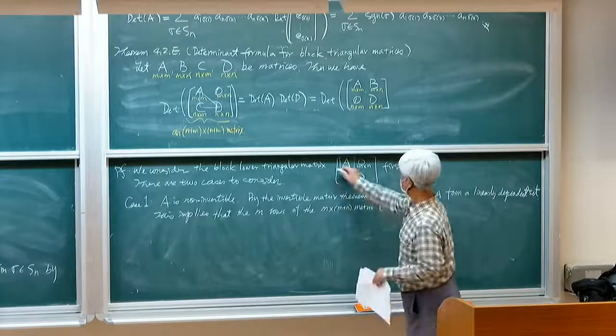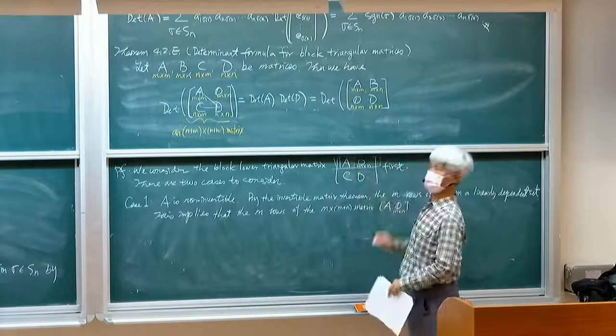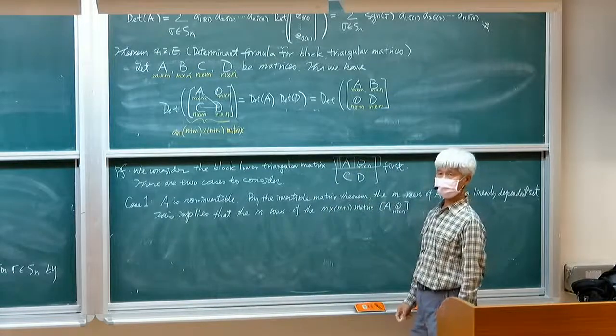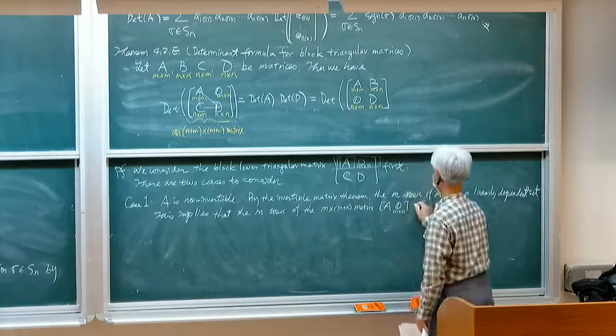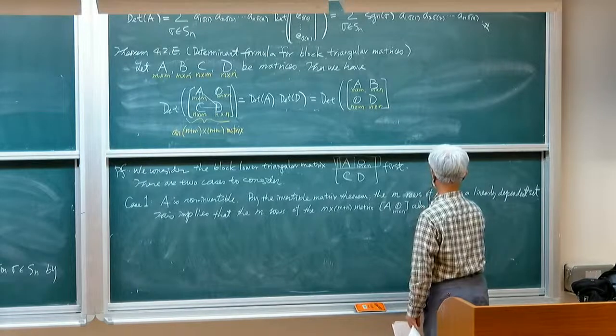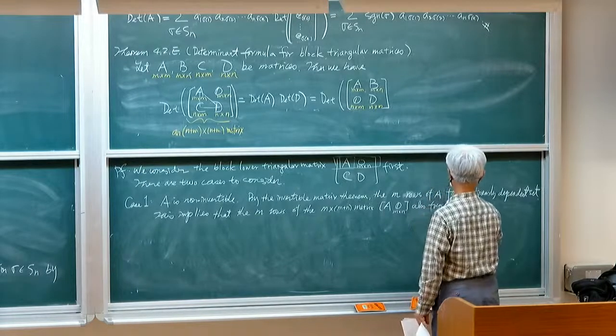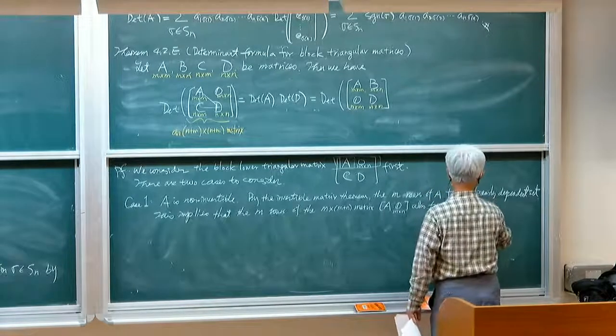Right? So we look at this matrix here. Then these m rows also form a linearly dependent set.